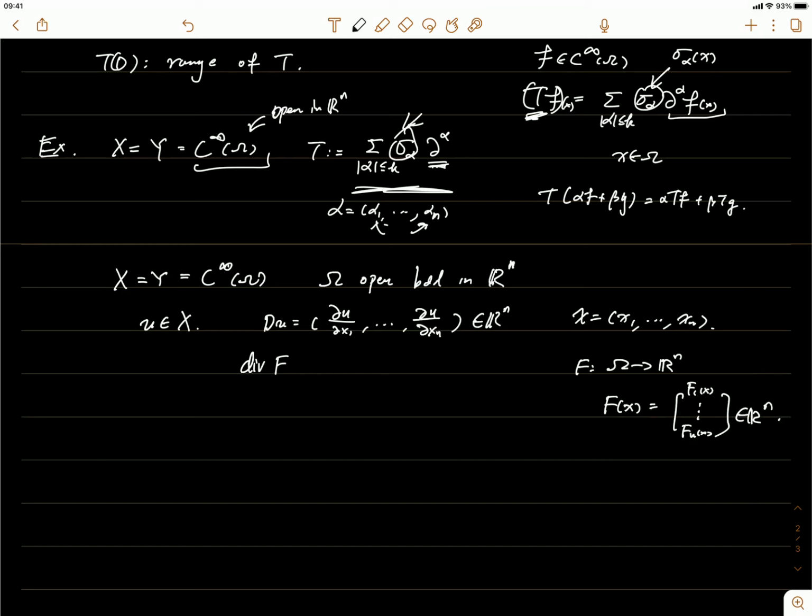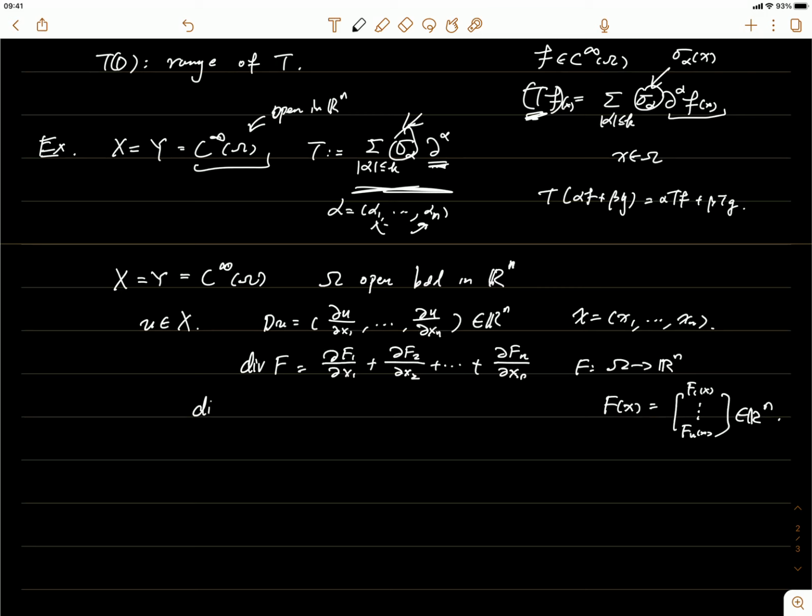And the divergence of this f is the partial derivative of f1 with respect to x1 plus the partial derivative of f2 with respect to x2 all the way to the partial derivative of fn with respect to xn. Okay, so that's the definition for divergence.